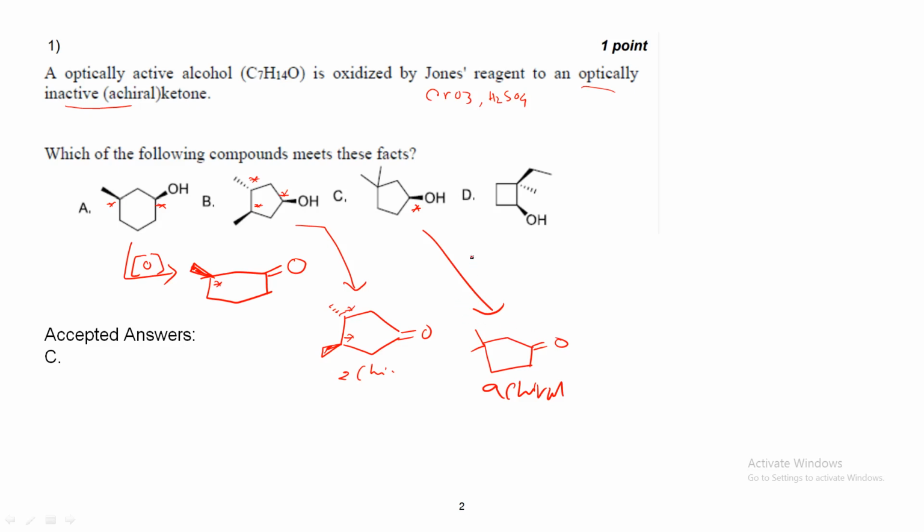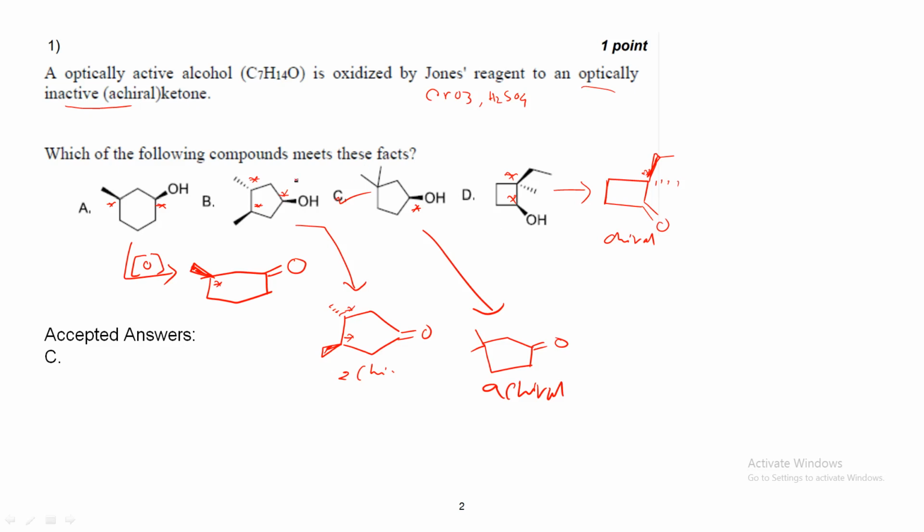So C would be our right answer. For D, again you can see it contains two chiral centers, but the Jones reagent can only oxidize the alcohol part, and the other alkyl part would remain intact. So one chiral center is still there, so it is a chiral molecule. This is how a reagent chemistry and stereochemistry mixed problem works, and you can easily solve this kind of thing.